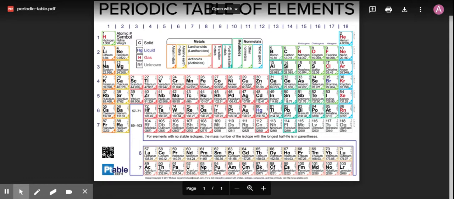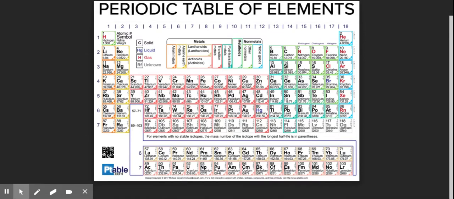So remember, the periods of the periodic table of elements are the rows going across left to right, and there are 7 periods. There are actually 18 groups or families, and the groups or families are the columns of elements going up and down. And you will see as we learn more about the periodic table, they are grouped in such a way because they are a family.